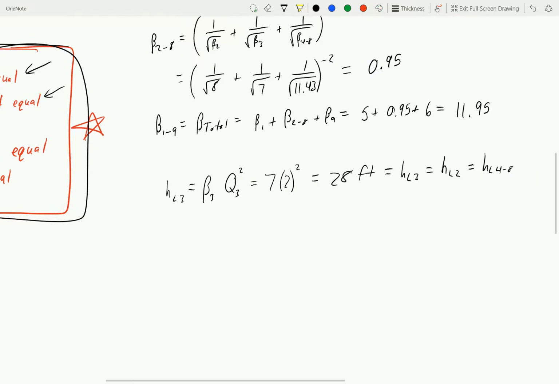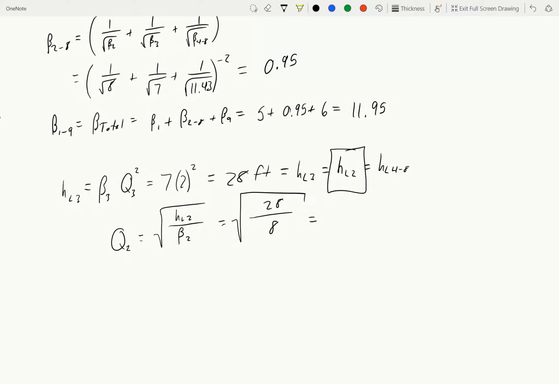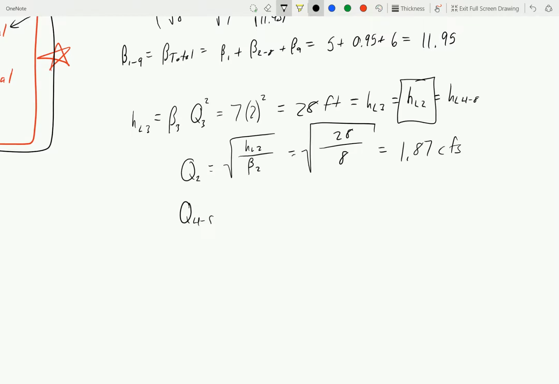We can also calculate Q2. So Q2 is equal to the square root of the head loss of 2 over beta 2, which is 28, since we set all these equal, and beta 2 is 8. And that is equal to 1.87 CFS. And then we need to find Q for 4 through 8.